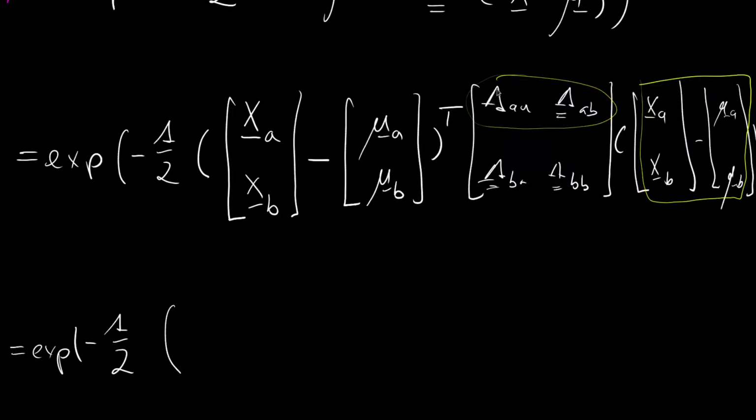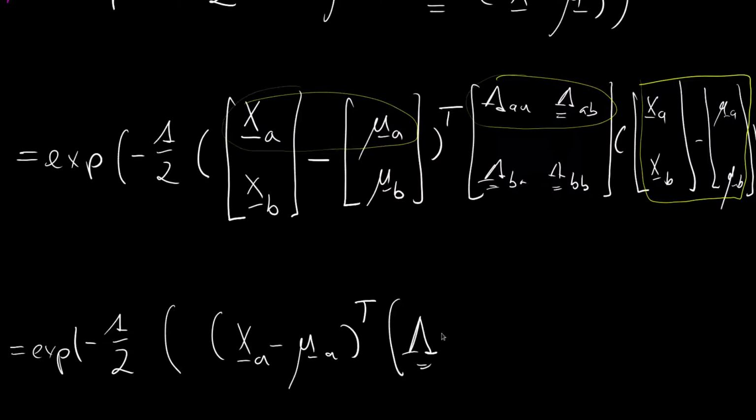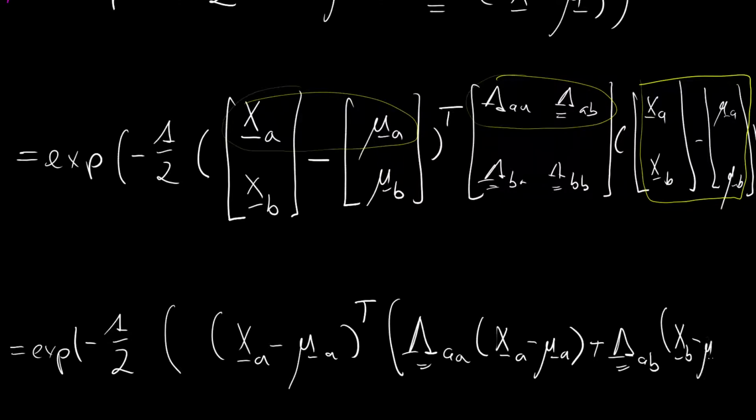So basically I have lambda AA multiplied by (xa minus mu a) in brackets. And then in order to get a scalar product, I would multiply this with this row basically. So let me note this down. We get (xa minus mu a) in brackets transpose. This is from this row. And then we multiply it with the lambda AA matrix multiplied with (xa minus mu a) plus the lambda AB matrix multiplied with (xb minus mu b). And then we close the brackets for this here.